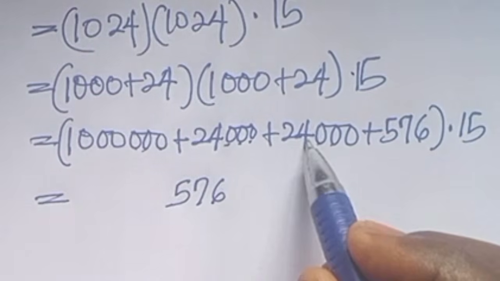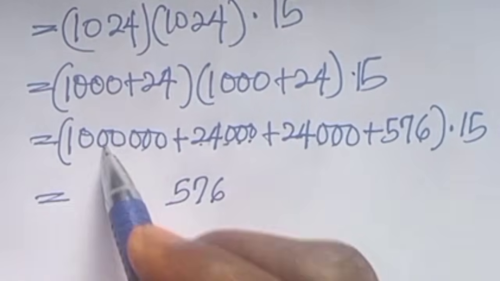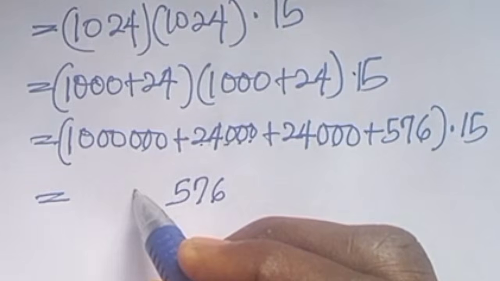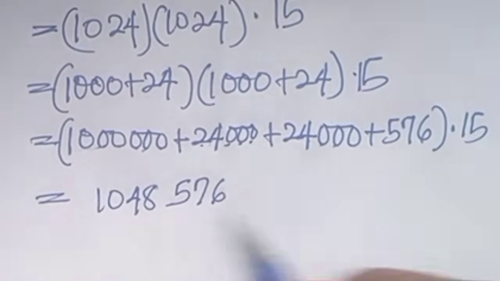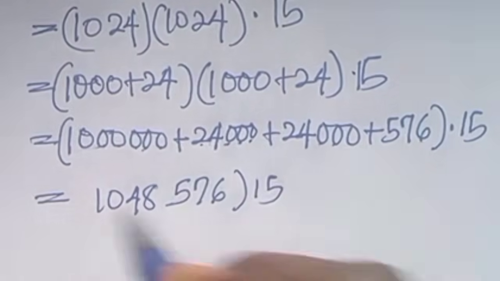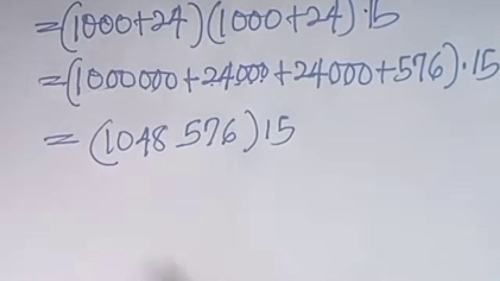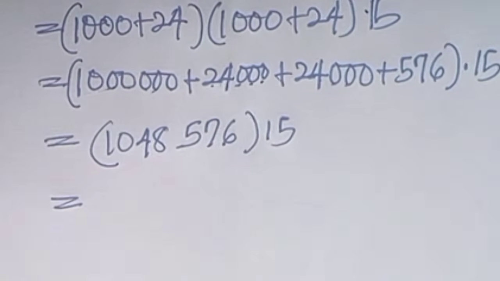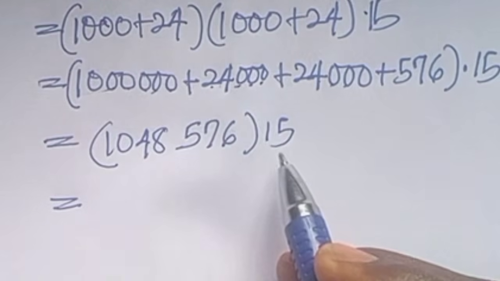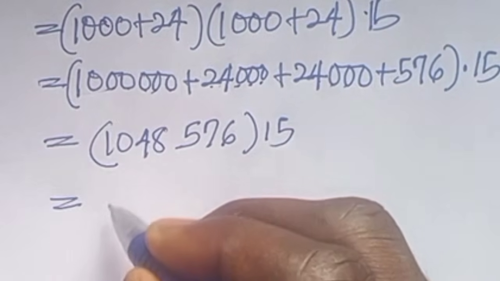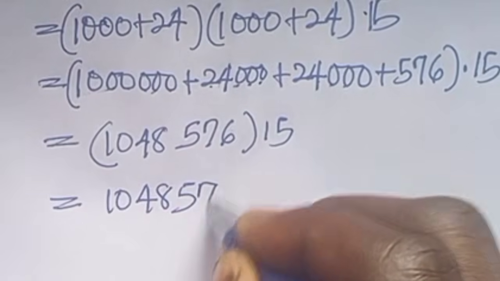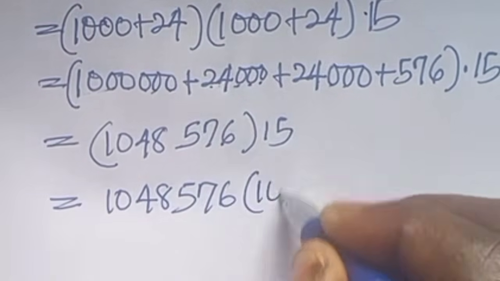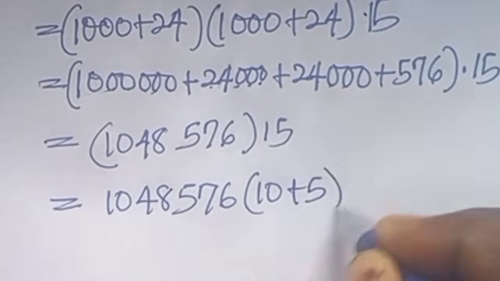And again, 24 plus 24 plus 00, that will be 48. And what is left is 10 times 15. And in the next step, we're going to split 15 into 10 plus 5, so that we can have 1048576 times 10 plus 5.